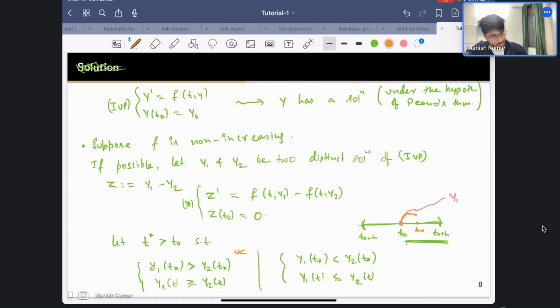The other case is that it can go like this. These are the two possibilities, the second one is this one, and this is the first one. I hope this is fine to everyone. So the existence of such a t star I can guarantee, right? Is this fine?